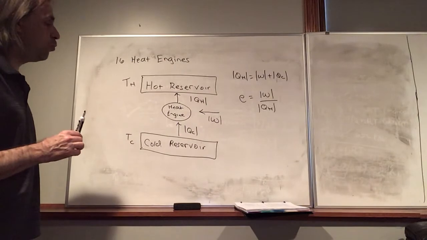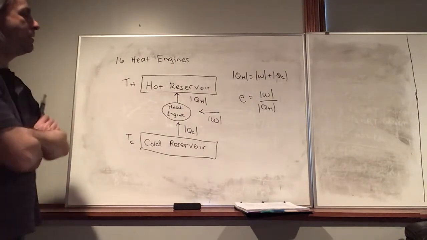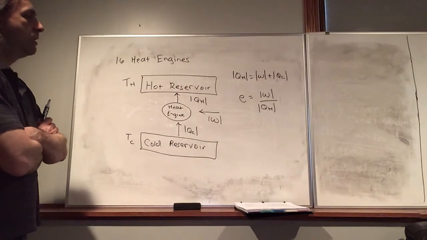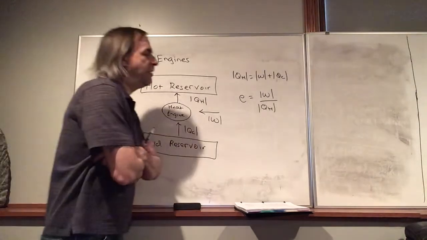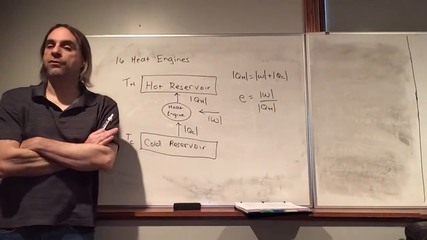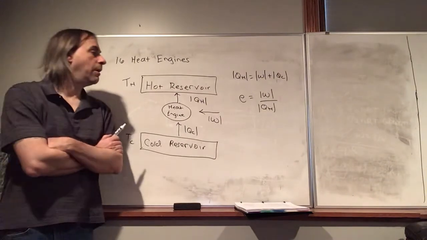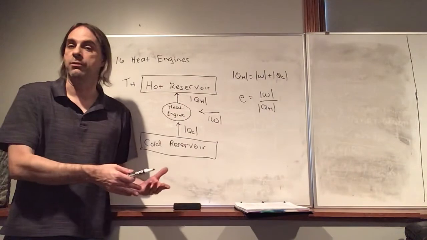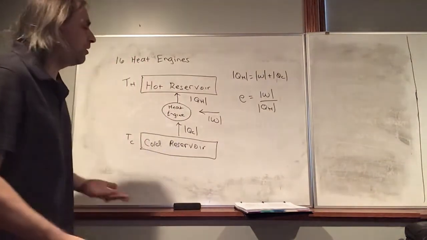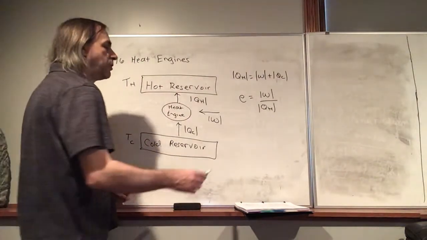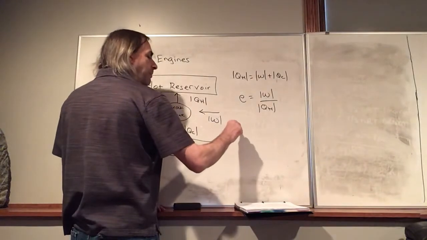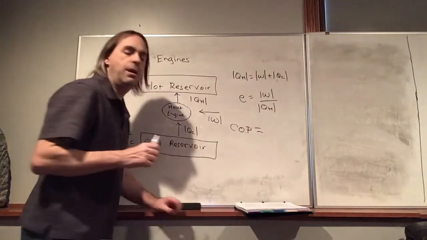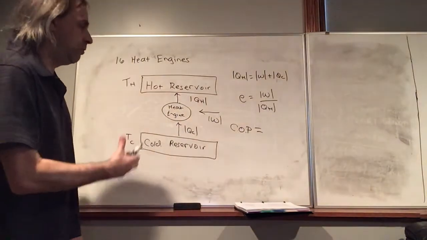Now, this efficiency doesn't really work for a refrigerator. We want to define efficiency differently for a refrigerator than for an engine. Here, we want to minimize the amount of work that we have to put in, so we're not going to call it the efficiency. For a refrigerator, we have something called the coefficient of performance. What is our goal?